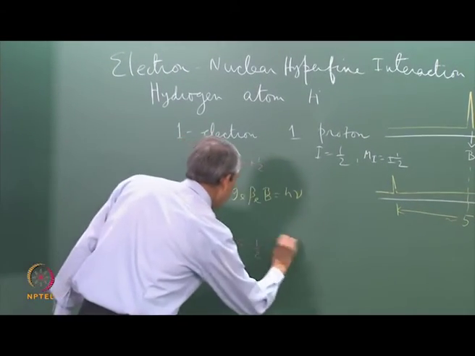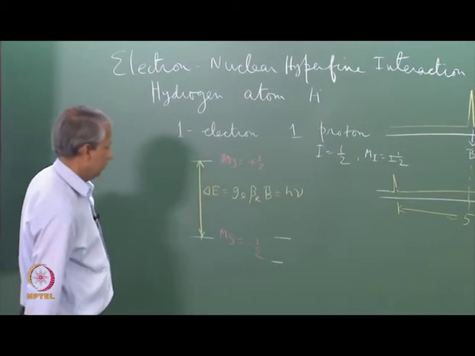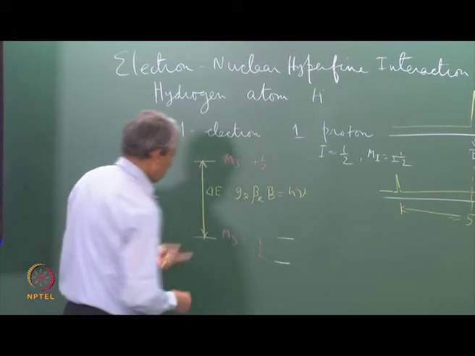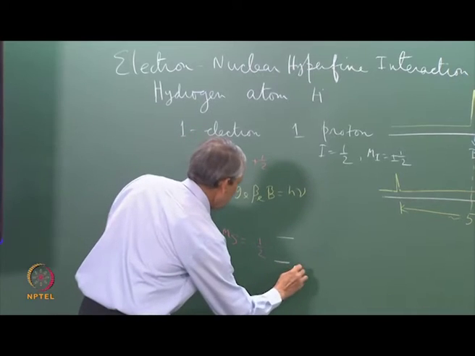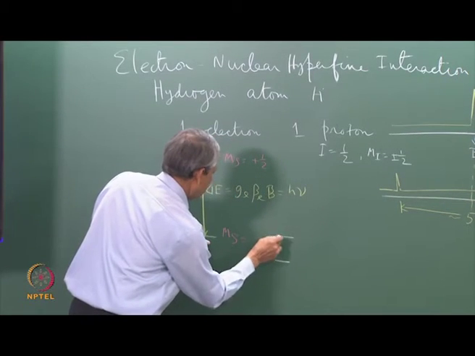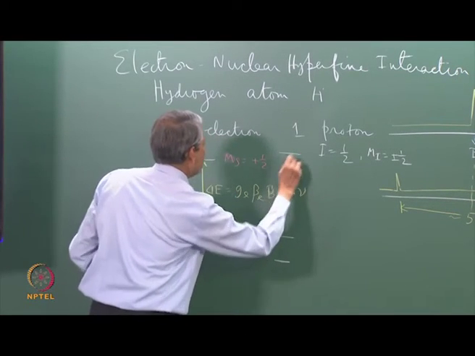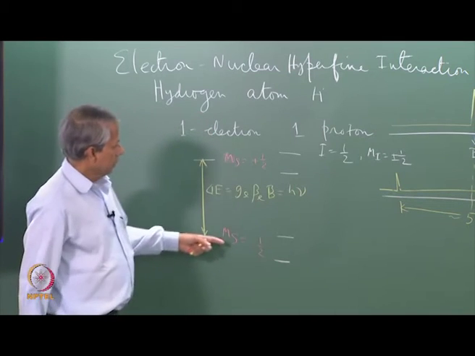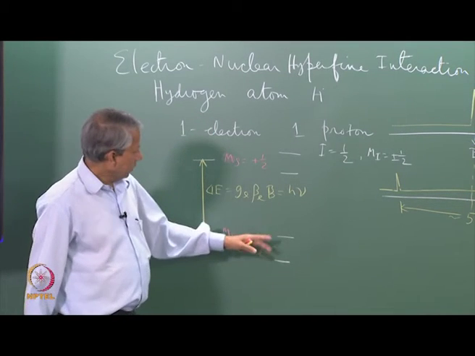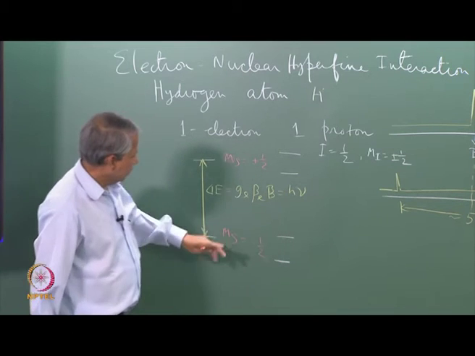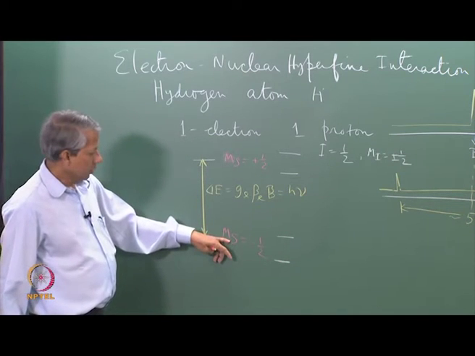So, here suppose it appears this way, that this splits into 2, similarly this will also split into 2 depending upon what nuclear spin is associated with the electron spin of minus half.